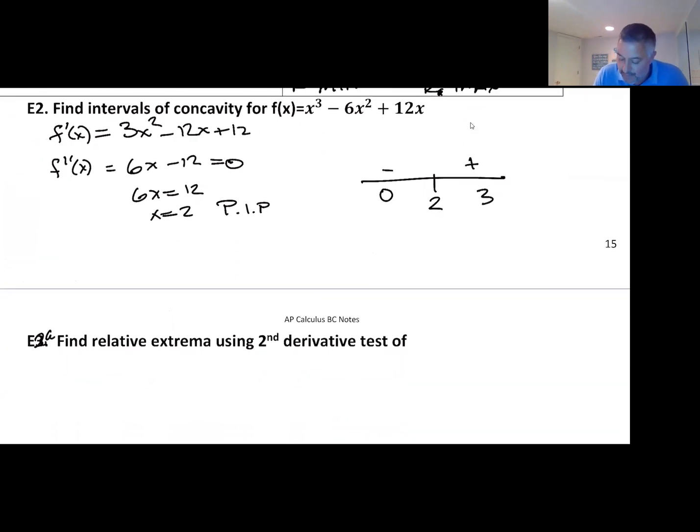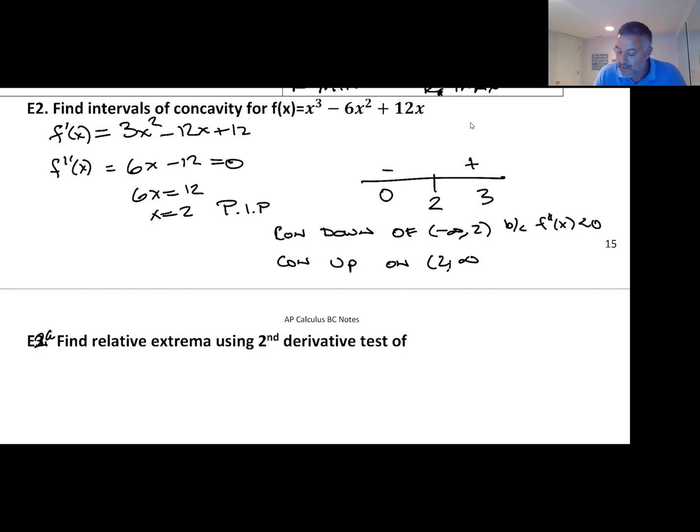So I have concave down on negative infinity to 2 because the second derivative is less than 0. And I have concave up on 2 to infinity because f double prime of x is greater than 0. It doesn't ask, but I have a point of inflection at 2 because I shift from up to down.